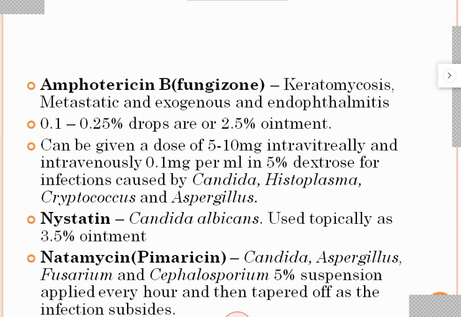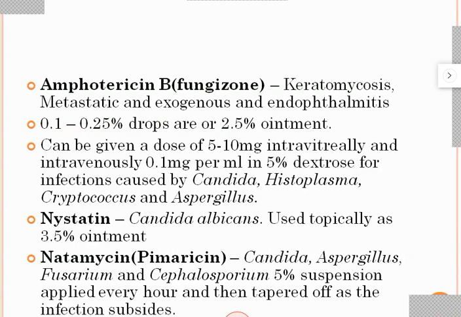In this group, amphotericin B is the most widely available. It is used to treat keratomycosis, metastatic and exogenous endophthalmitis. It is available in the form of 0.1% or 0.25% drops or 2.5% ointment.